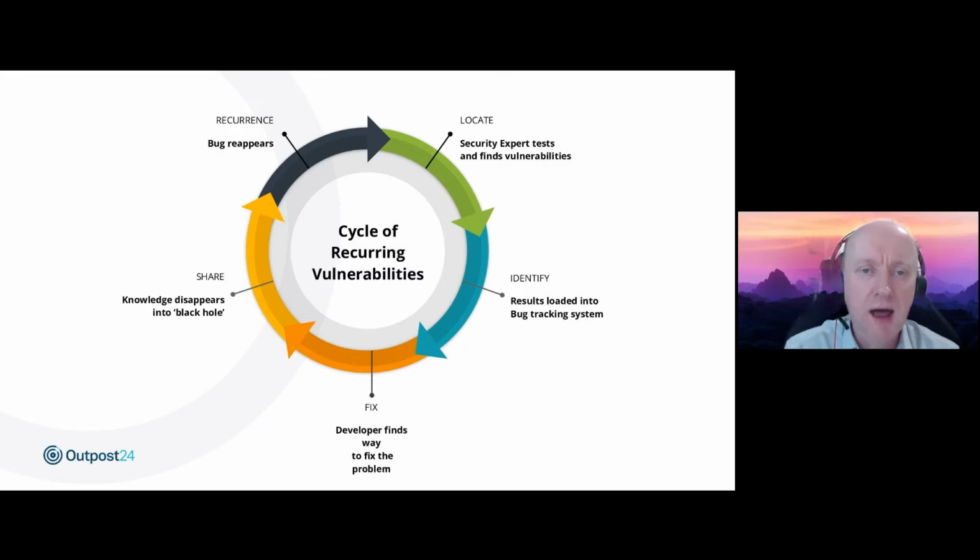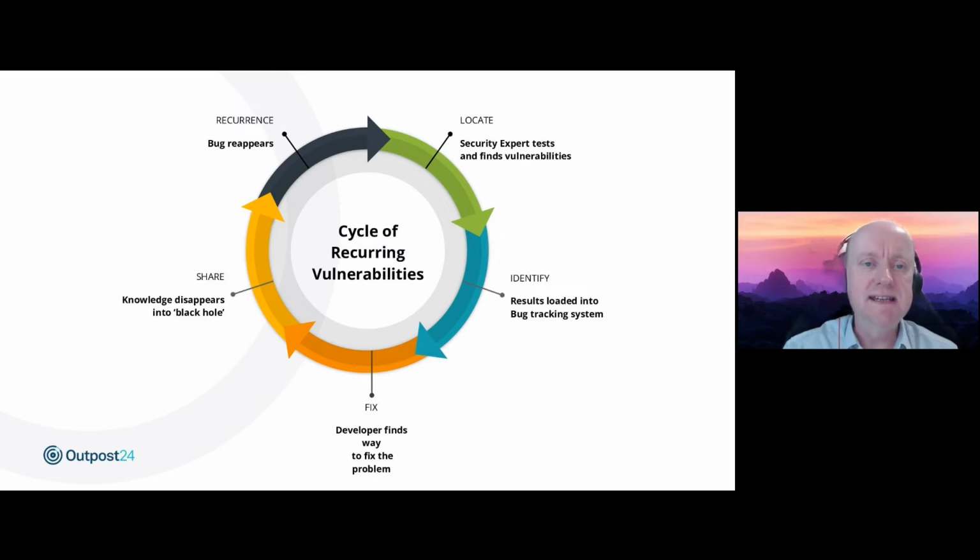It's loaded into the bug tracking system, Jira or whatever, and then allocated to a developer who hopefully finds the problem, fixes that vulnerability, and then it moves on to the next vulnerability or the next task.